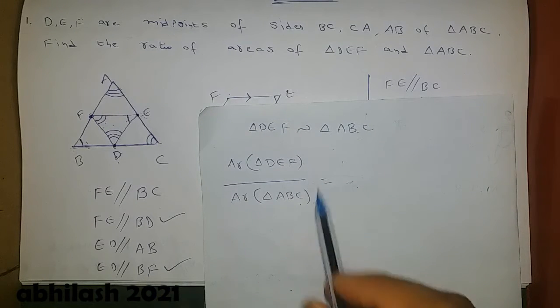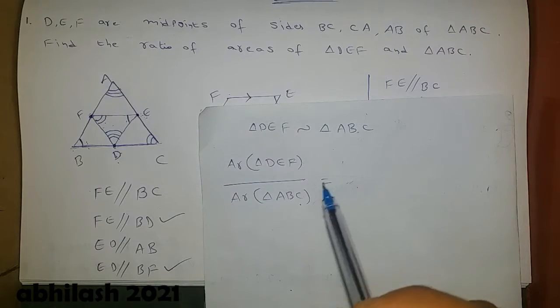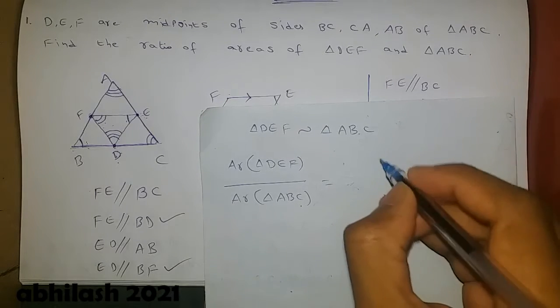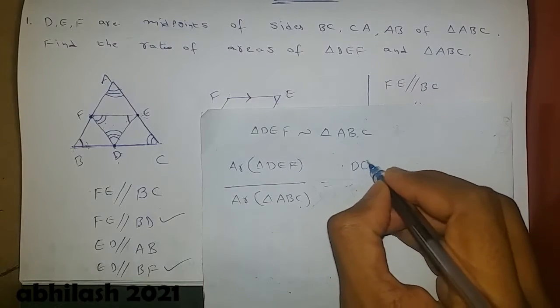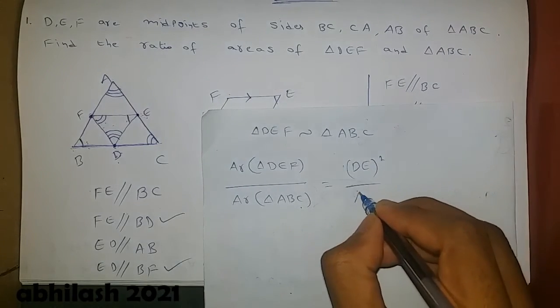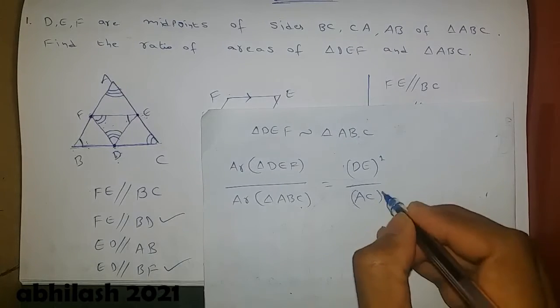If two triangles are similar to each other, then the ratio of the areas of those triangles is equal to the ratio of the squares of the corresponding sides. So one side I am taking is DE square, and from the next triangle I am taking AC square.